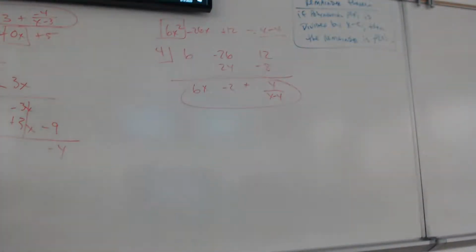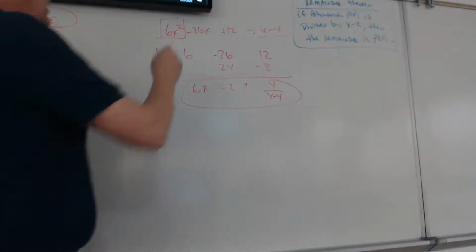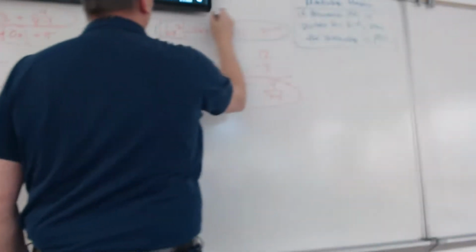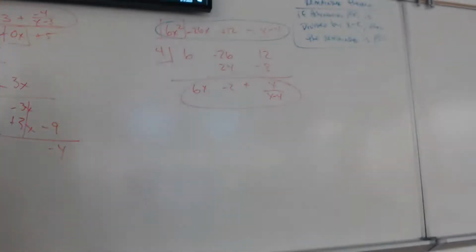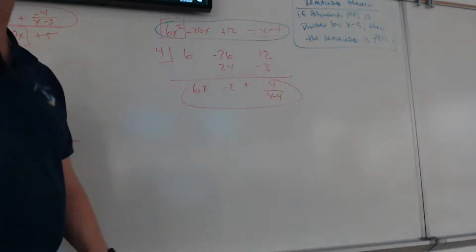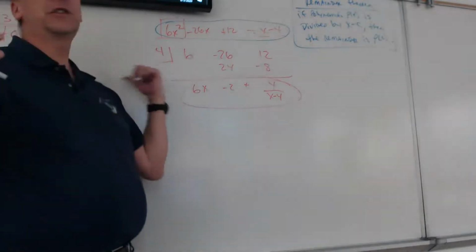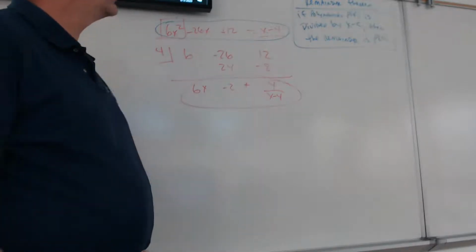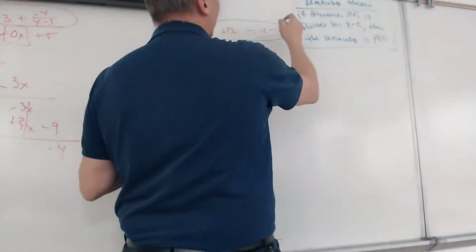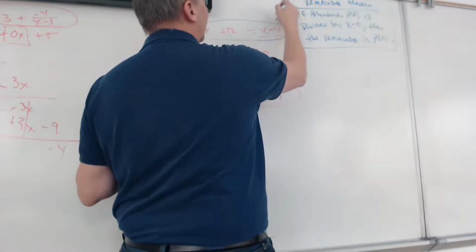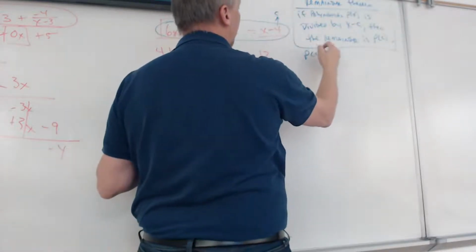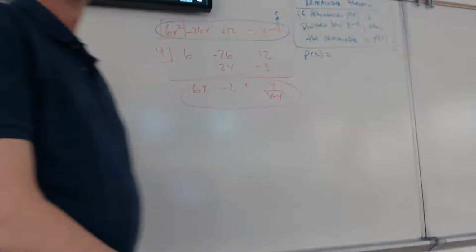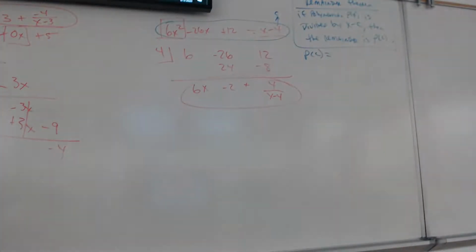All right, so another thing that we could say is, what if I wanted to say, okay, I want you to divide these two things, and I want you just to tell me what the remainder is, okay? Three ways you can do the remainder. You can do long division, which we did over here. You could do synthetic division, or in this case, if 4 is your C, I could also find P of C. So P of C is what, Eunice?